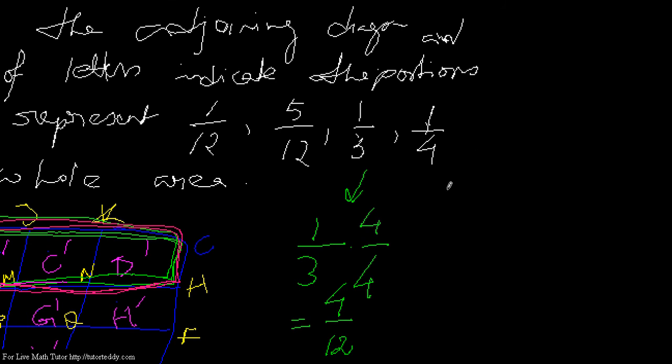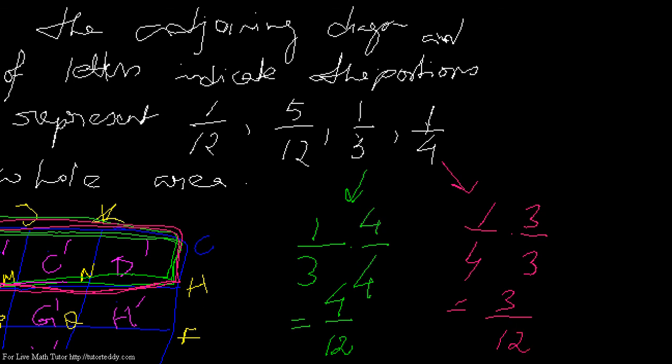And what about the other number? That means 1 by 4. This also I need to make the denominator 12, because I have 12 whole numbers. So 1 by 4, with 4 I need to multiply 3. That means I multiply 3 in the numerator and denominator, and I get 3 by 12.